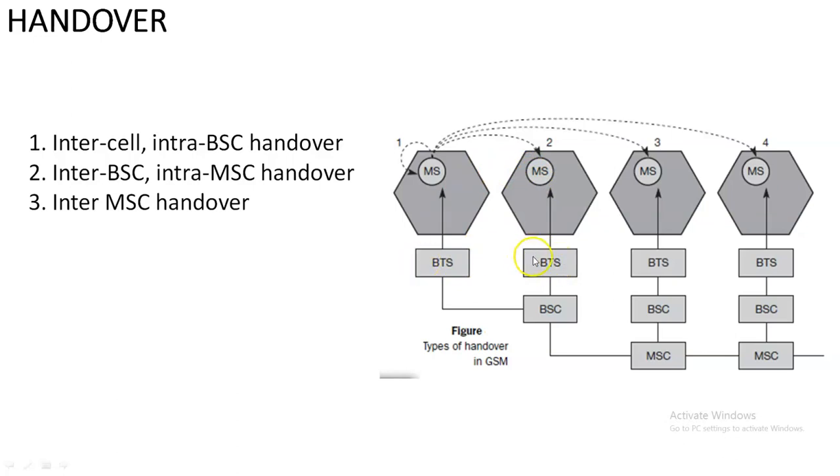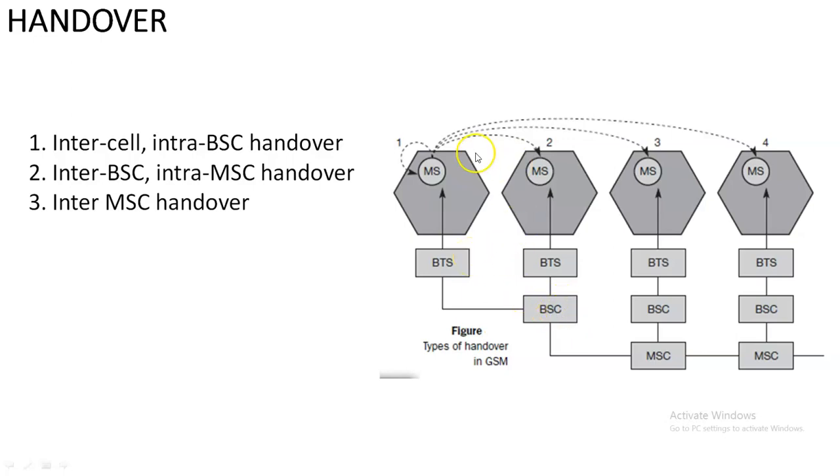Both BTS are connected to the same BSC. One or multiple BTS are controlled by a BSC, the base station controller, and multiple base station controllers are controlled by the mobile switching center. So this is the hierarchy. The mobile switching center handles particular BSCs, and the BSC handles particular BTS.